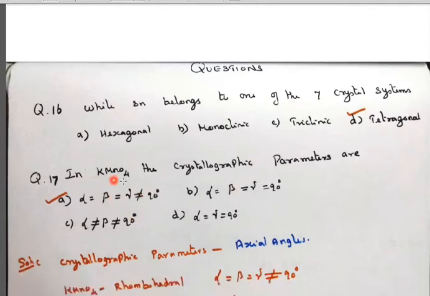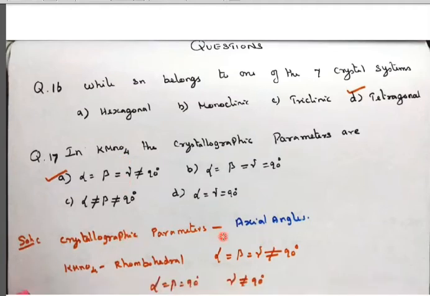Next question. The crystallographic parameters are: alpha equal to beta equal to gamma not equal to 90 degrees; alpha equal to beta equal to gamma equal to 90 degrees; alpha not equal to beta not equal to 90 degrees; alpha and gamma equal to 90 degrees. Which is the example of this crystal system?